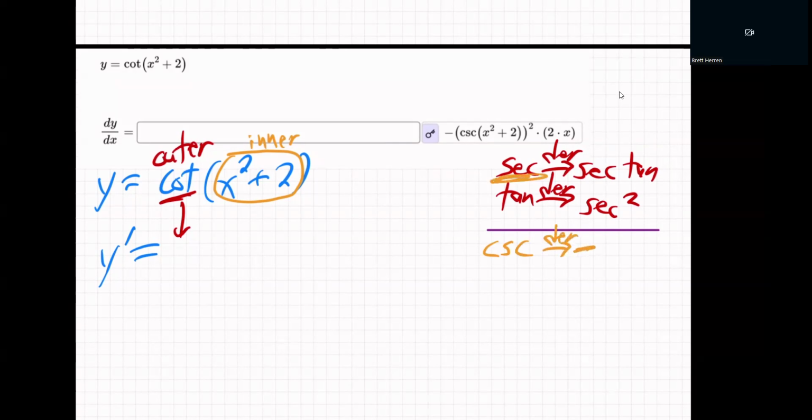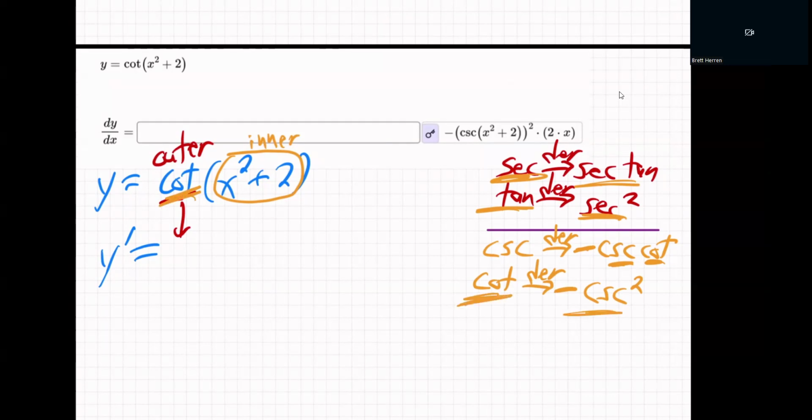Then it's just the co of secant, so cosecant, cotangent, but it's always negative. Or if you have cotangent, again, the derivative of cofunctions is always negative. This would be co of tangent, so it would be negative cosecant squared.